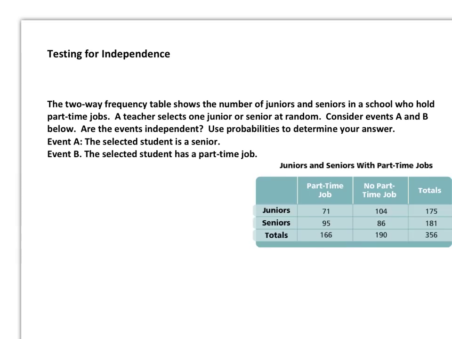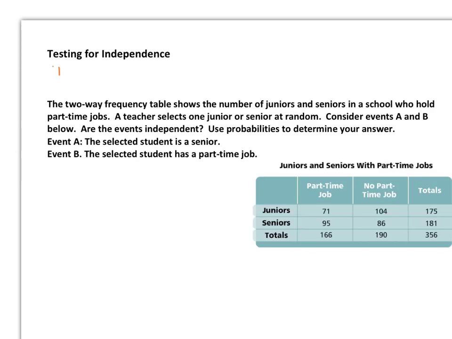All right, the final way we're going to use this conditional probability formula here is this test for independence. And what this is asking, can I say that two events are independent of each other? Or one of these circumstances of one event does not depend on the circumstances of another event. They are entirely independent.